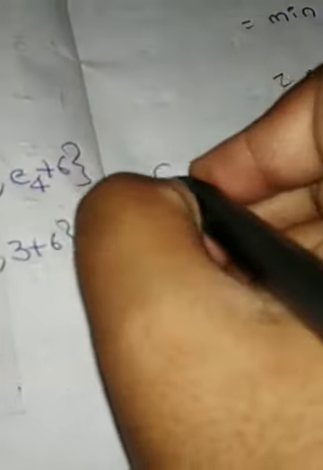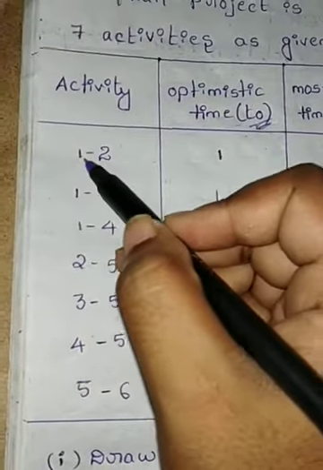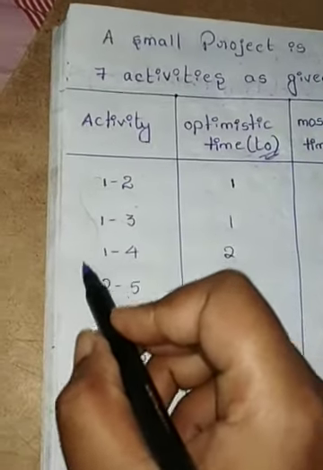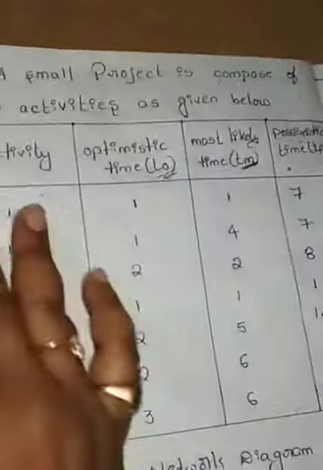Next we calculate EST and LFT. In tabular form, EST is the earliest starting time, the starting values, and LFT is the least finishing time, the finishing values.